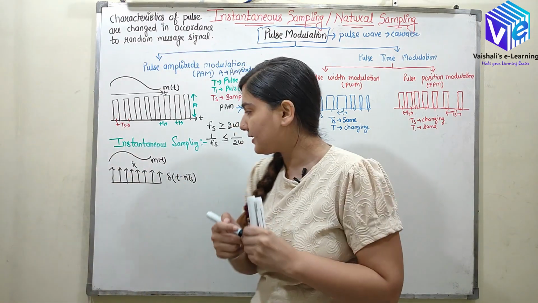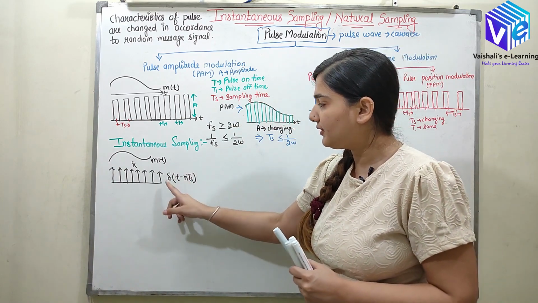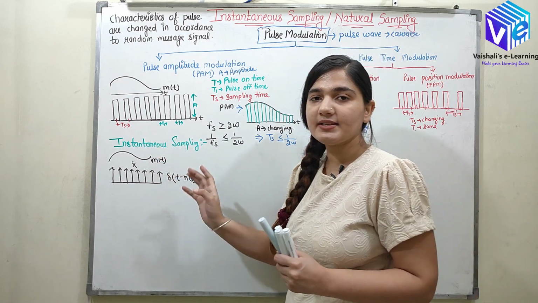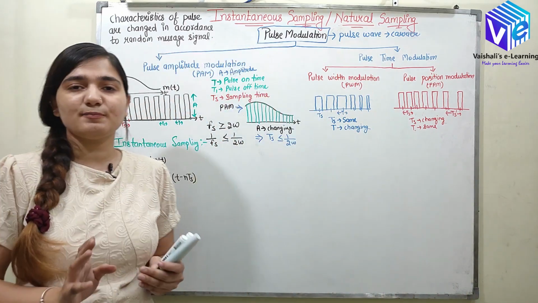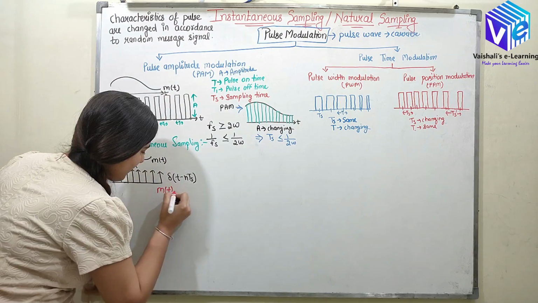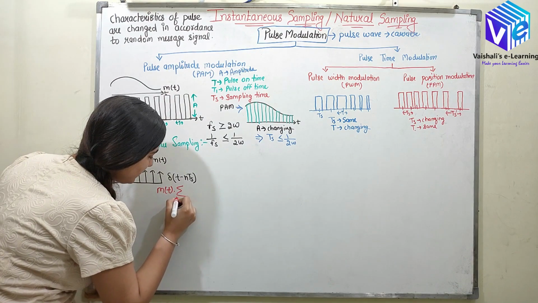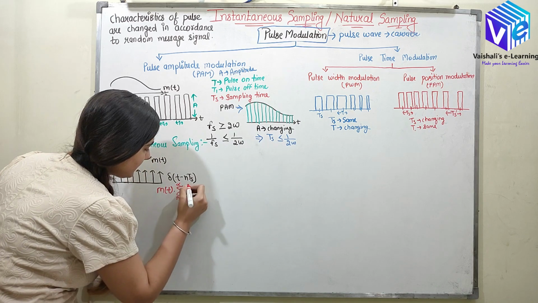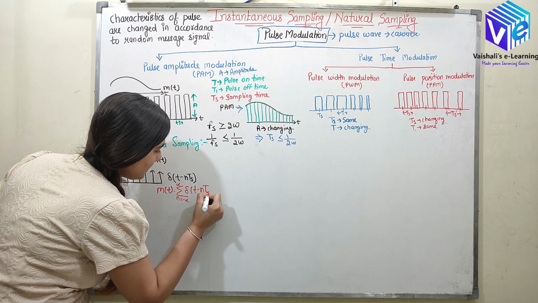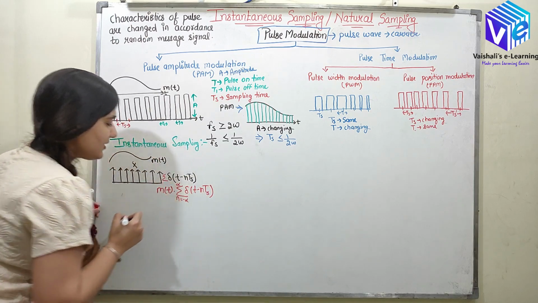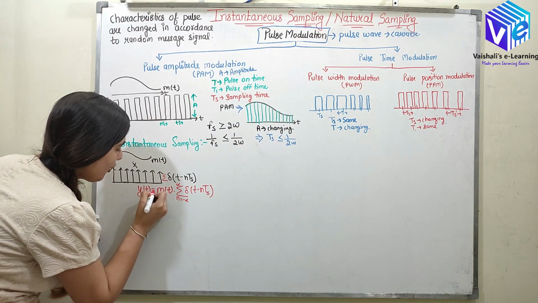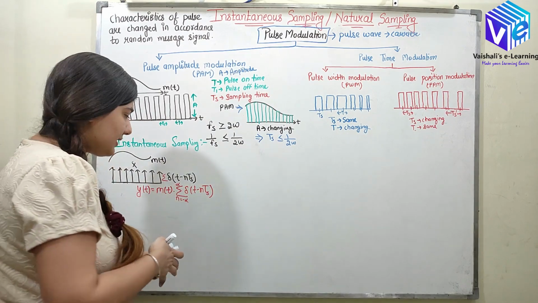So my message signal when multiplied with the impulse train, then I'll get the instantaneous sampling. I have already discussed this process in the sampling theorem as well. So m(t) is multiplied with summation n equal to minus infinity to infinity delta of t minus nTs. So here also we had summation. Now this is my output y of t, which is the amplitude modulated signal.